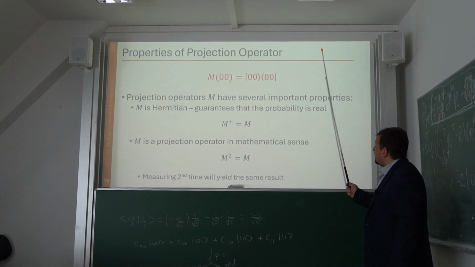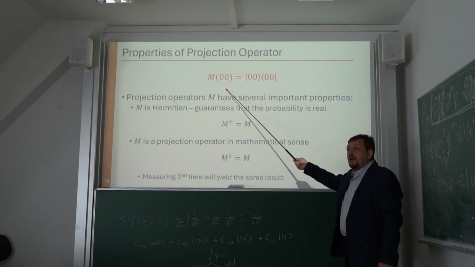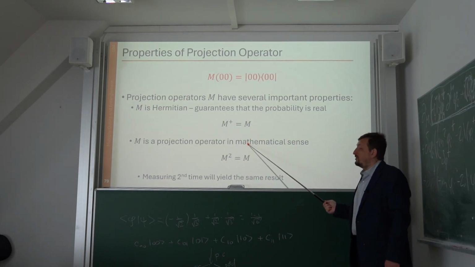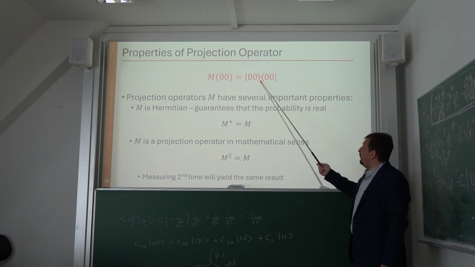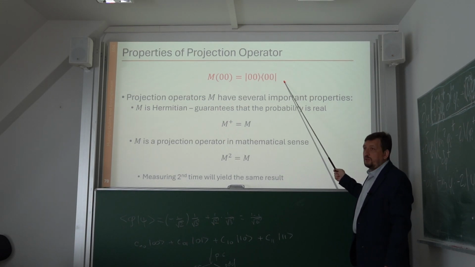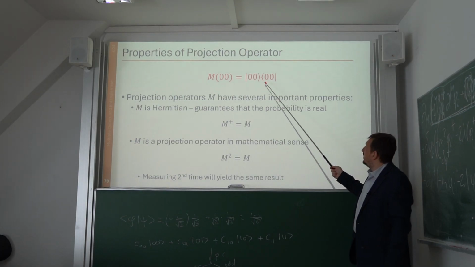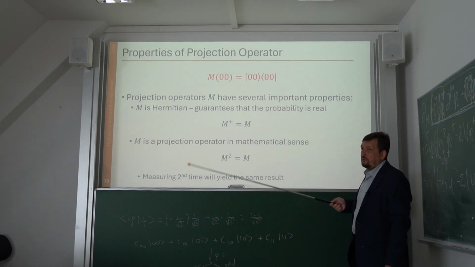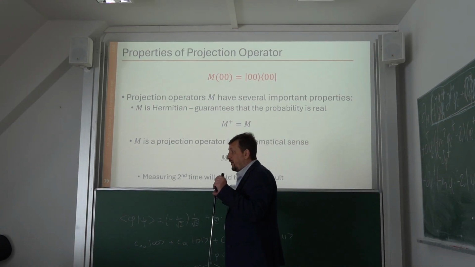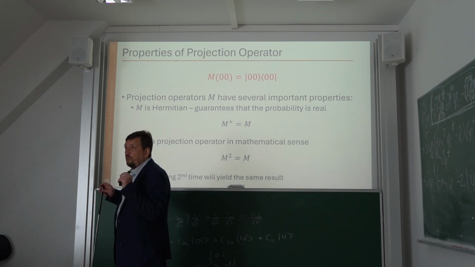So there are several mathematical properties of this operator. First of all, it is a projection operator in the mathematical sense. If you take m squared, you form 0, 0, 0, 0, and then you put it again. Inside you will have the scalar product 0, 0 and 0, 0, which is 1. So m squared is m. This is the mathematical property that defines a projection operator. What does it mean?